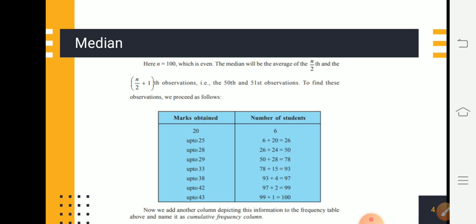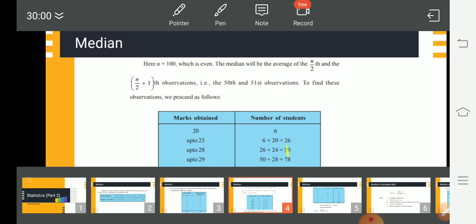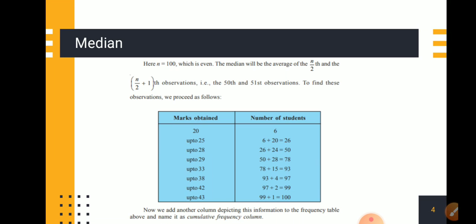So marks scored up to 25 cannot be 20, so we'll have to add 6 also to it. Hence it becomes 26. Similarly, marks obtained up to 28 would be 50. Marks obtained up to 29, 50 plus 28 is 78, and it goes on.